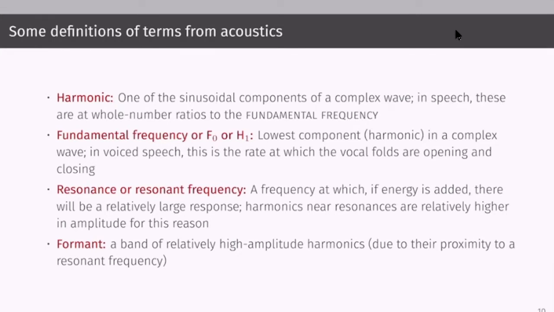So you can, in fact, see where the resonant frequencies are if you put a complex wave through them, such as the sort that would come directly from your vocal folds, from your glottis, through the system. Then the harmonics where there are resonances are going to be relatively prominent. That is, they're going to form formants, whereas the others are going to be dampened.